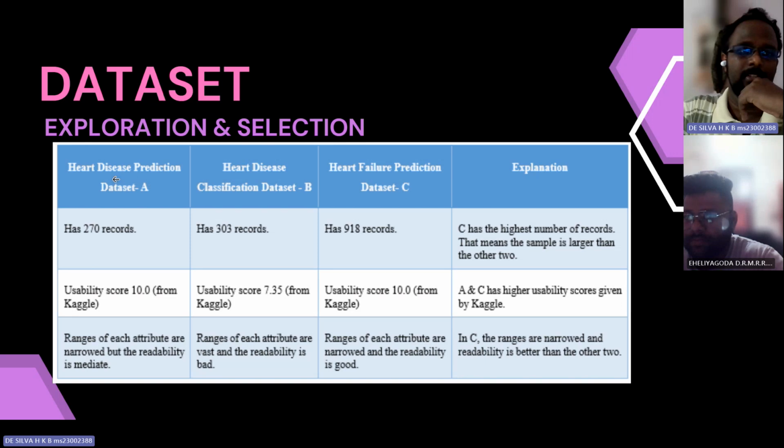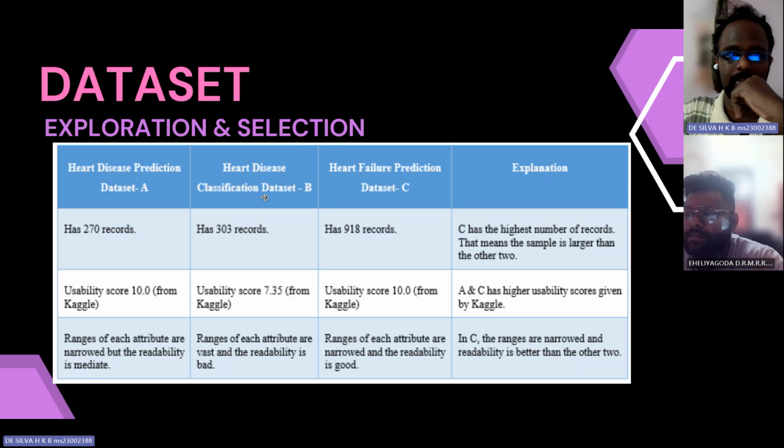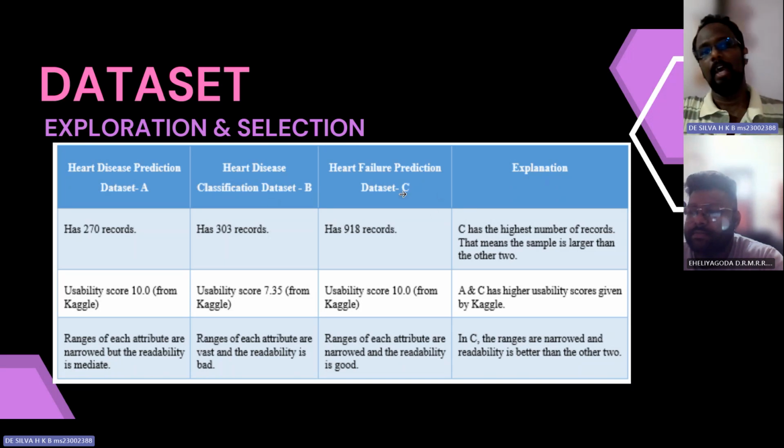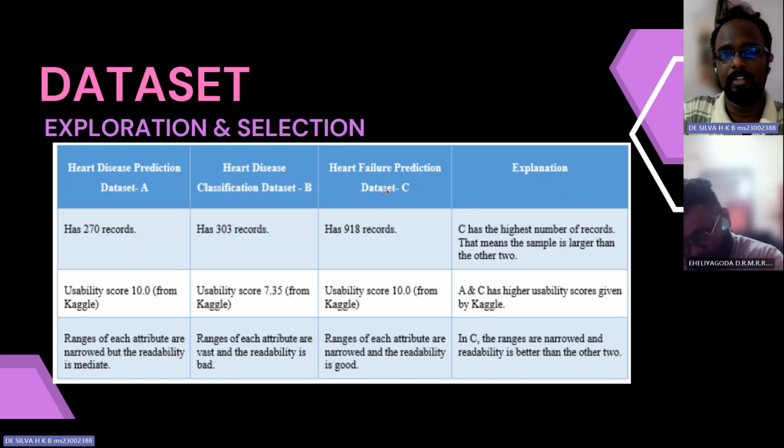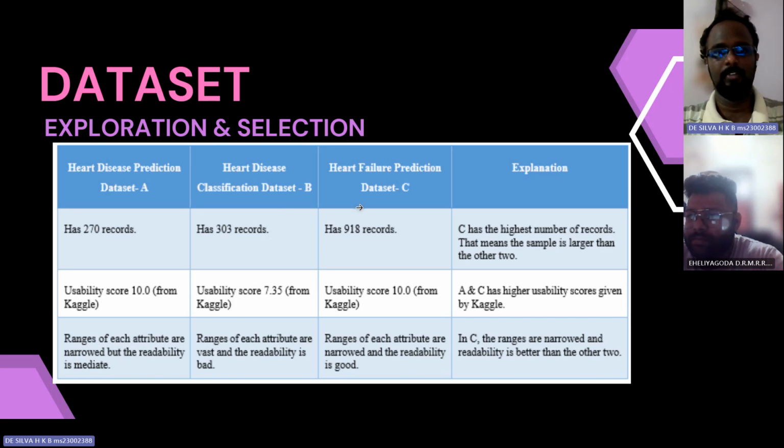One is the heart disease prediction dataset, another is the heart disease classification dataset, and the third is the heart failure prediction dataset. We named those A, B, and C for our easiness.